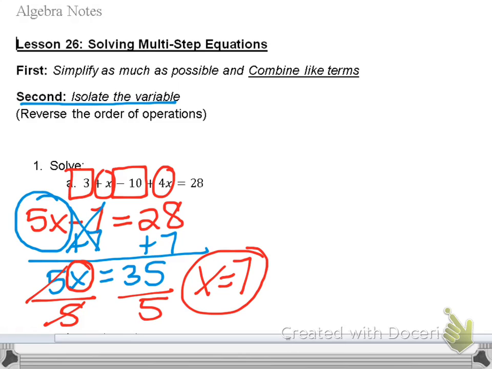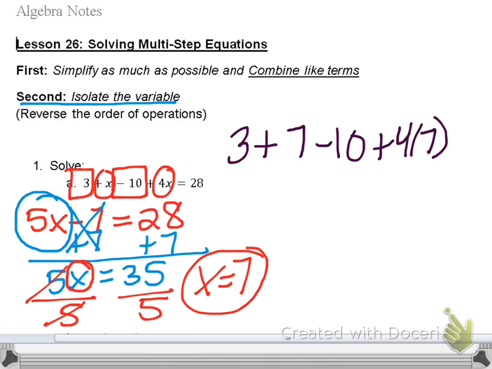Okay, the last thing we want to do is check our work. Now when you check your work, you always go back to the equation that you started with. You want to fill in this x equals 7 for the x's in the original equation. So we have 3 plus 7 minus 10 plus 4 times 7.